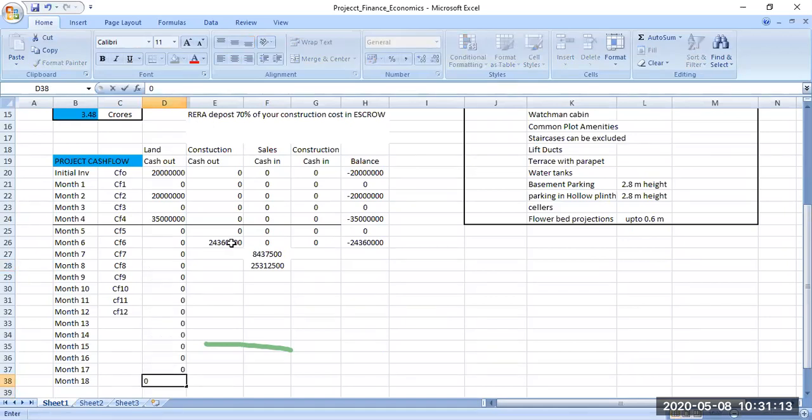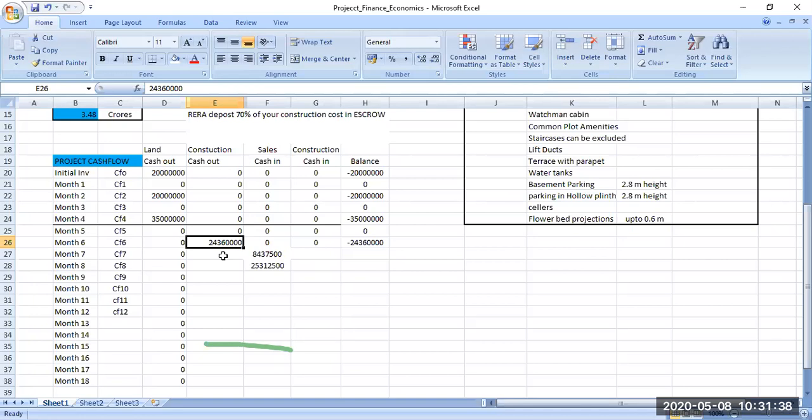Now, for construction, this is a little tricky. You have already paid 70% in RERA. So what happens is that after you start constructing, every month or every 3 months, your engineer gives an assessment of how much work is done, and that is forwarded to the chartered accountant.